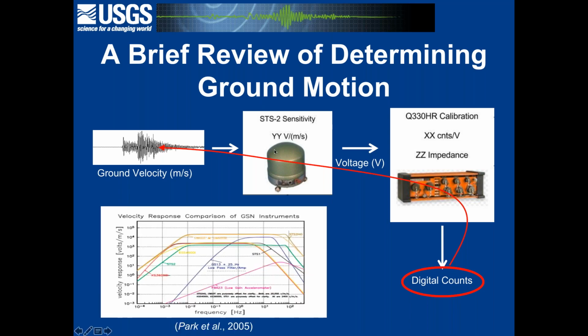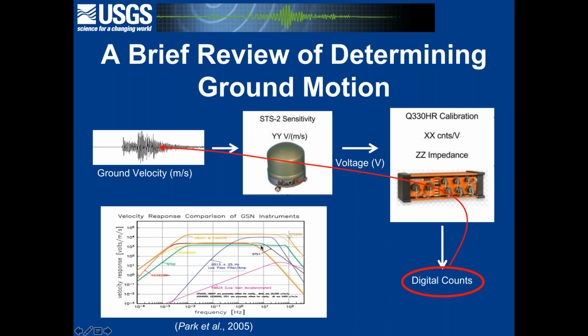One perhaps complication is that the response of the seismometer depends on the frequency of the ground motion. What I'm showing here is, on the y-axis, the relative response of the instrument. On the x-axis, I'm showing frequency in hertz.